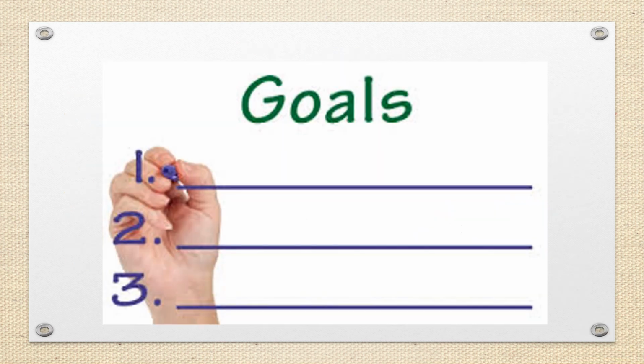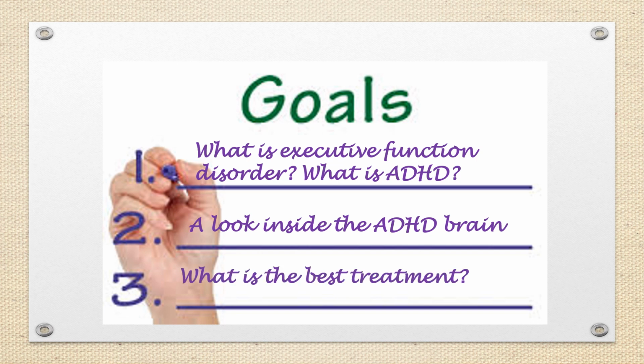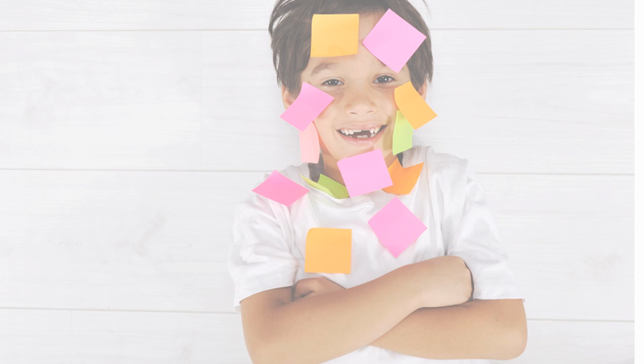The goals of today's training are, 1, to define executive function disorder, and also to explain what is ADHD, and to take a look inside the neurology of the ADHD brain, and finally to discuss the best treatment for kids with ADHD in the classroom.